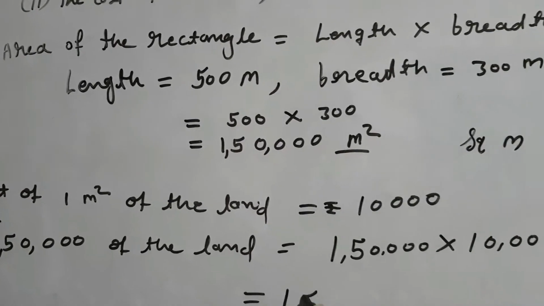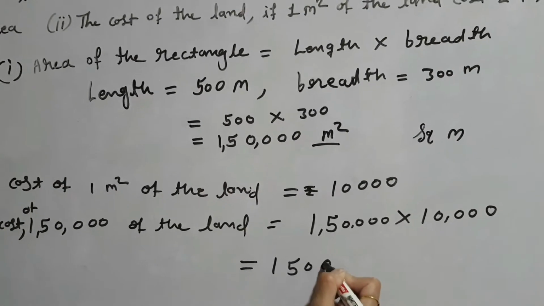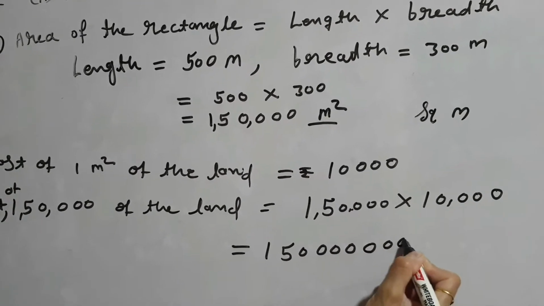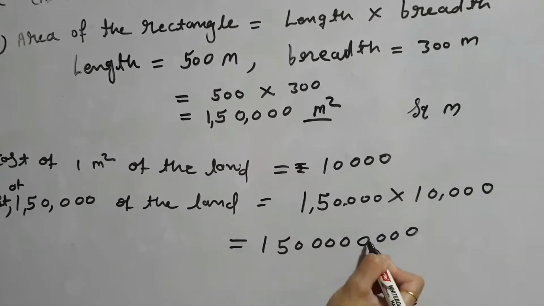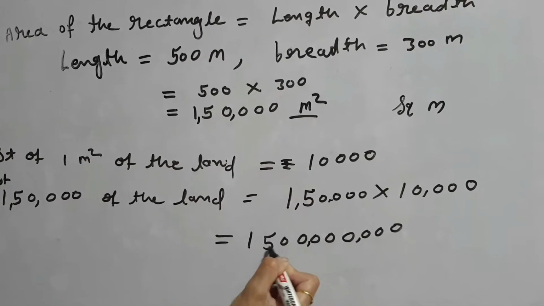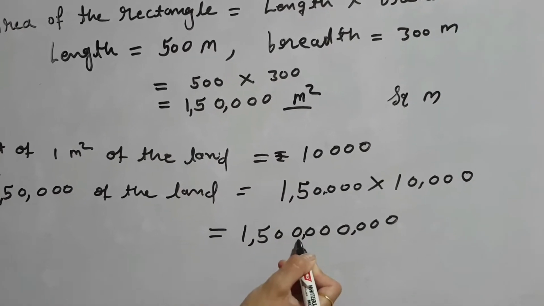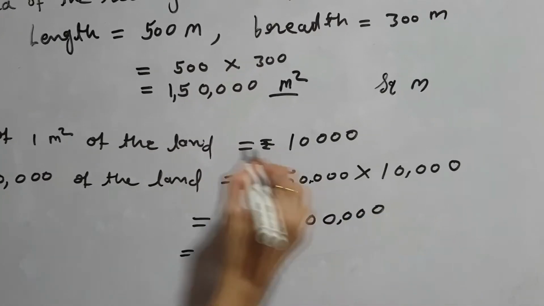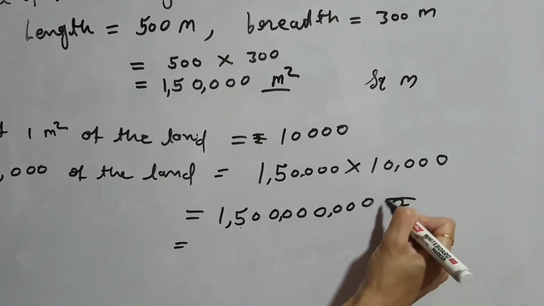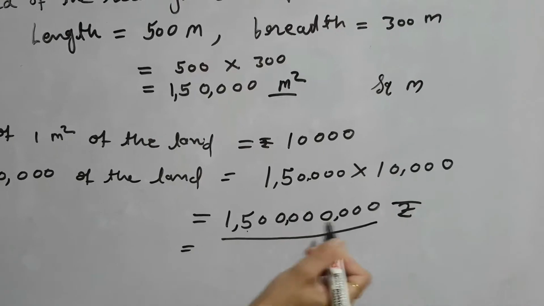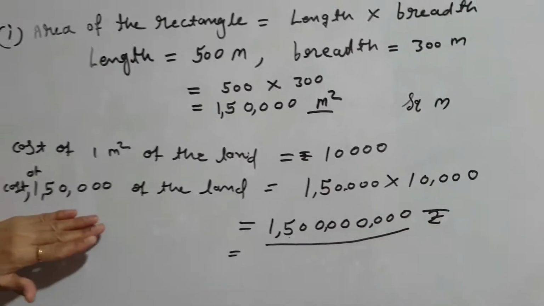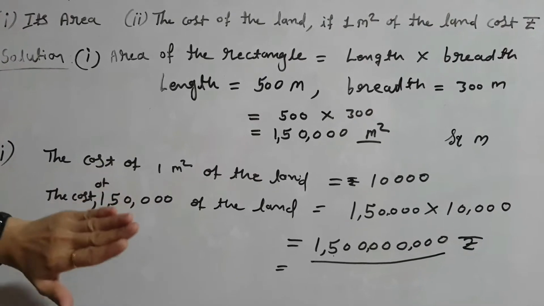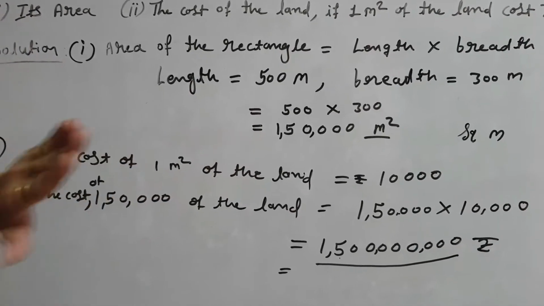So it will be 1,500,000,000 rupee of the 1,50,000 square meter.